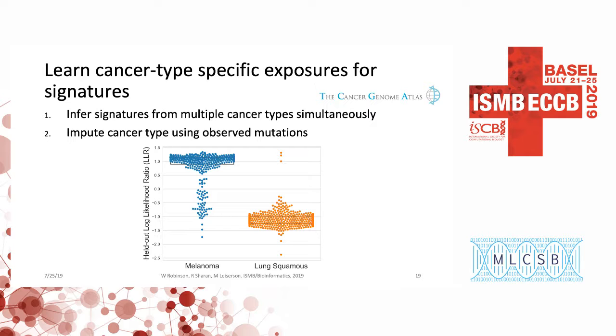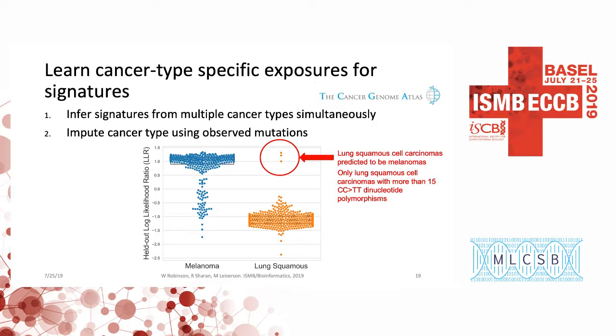And so as you can see, we found 3 lung squamous samples that were as strongly predicted to be melanomas as most of the melanomas. And it just so happens that these are the 3 with more than 15 of these dinucleotide polymorphisms.